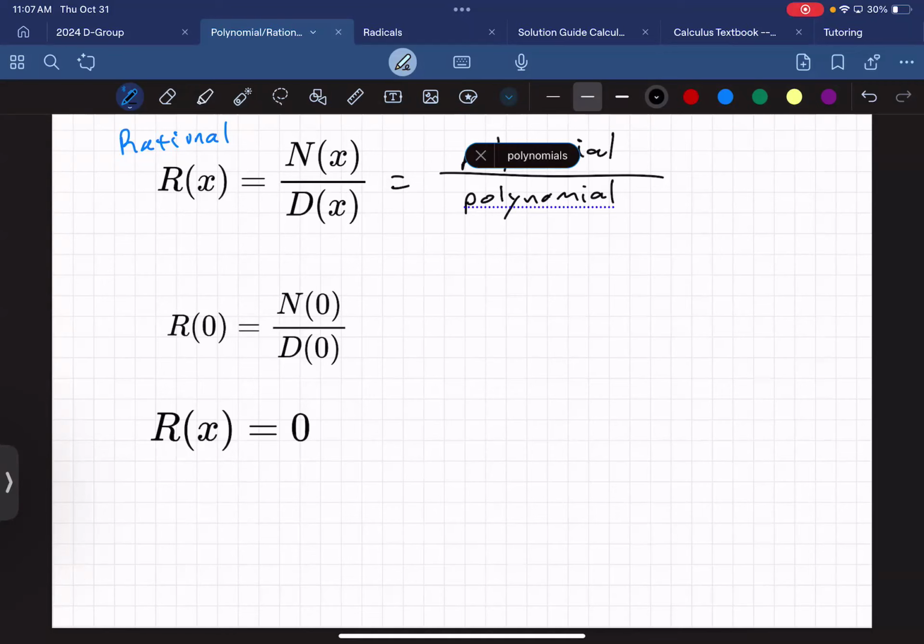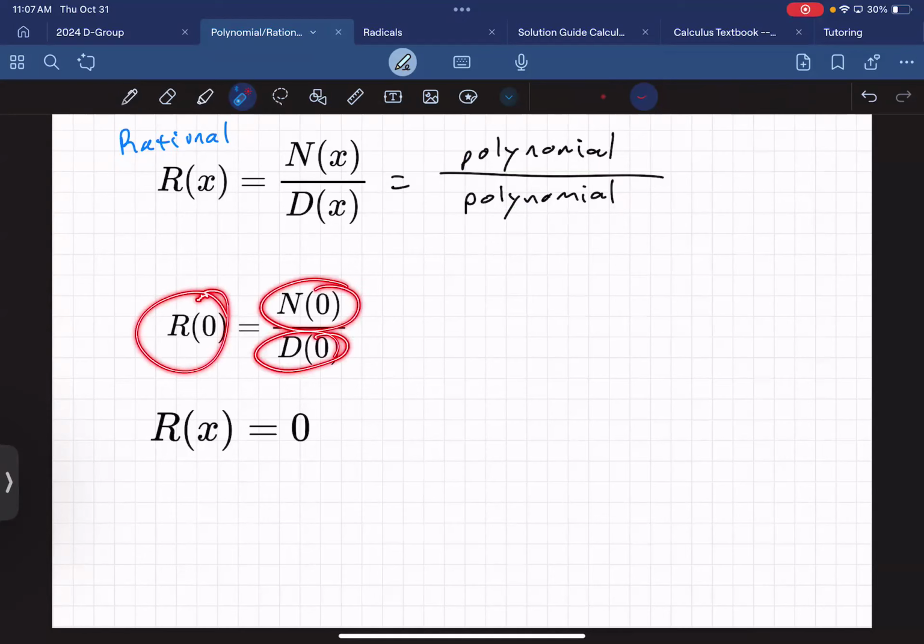Okay. With that said, because we know it's a polynomial, right, there's some things that we can take with us that are nice, right? So if I'm trying to find the y-intercept of my rational function, that means I'm plugging 0 into every x value, right? But if you have a polynomial, what term do you get back whenever you plug in 0?